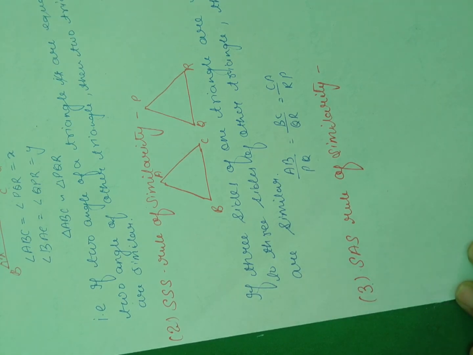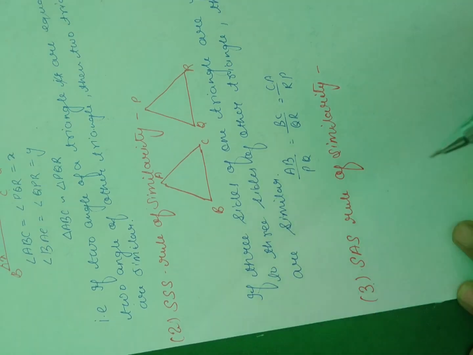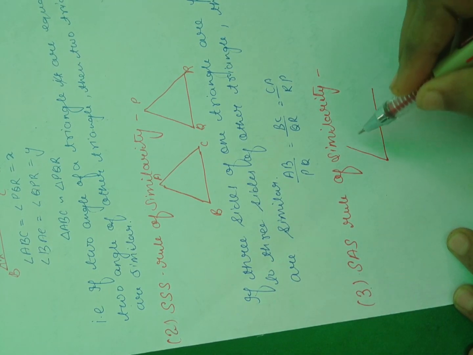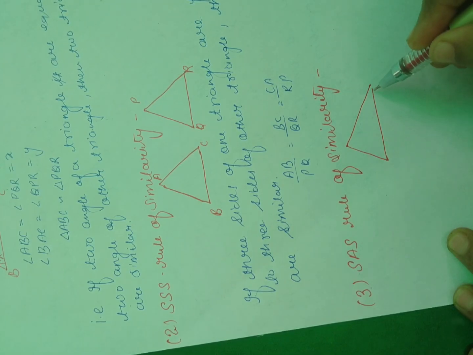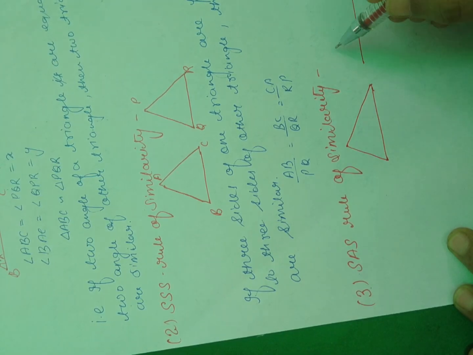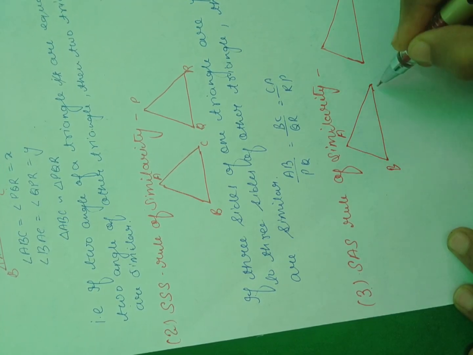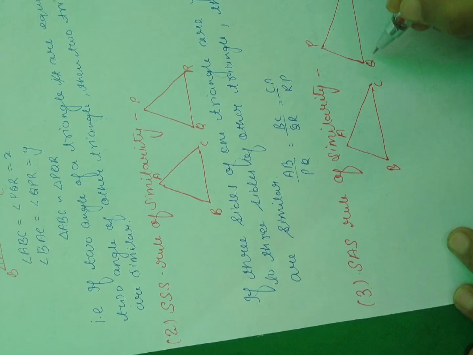But how will it be defined? Let me make the triangles first. These are two triangles, again ABC and PQR.